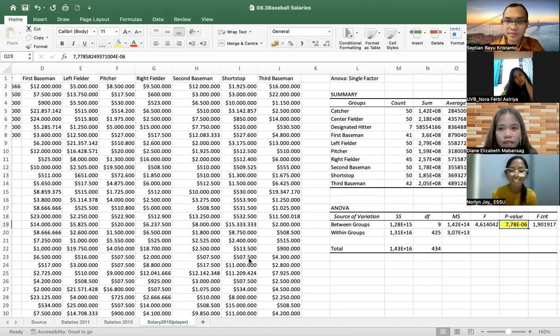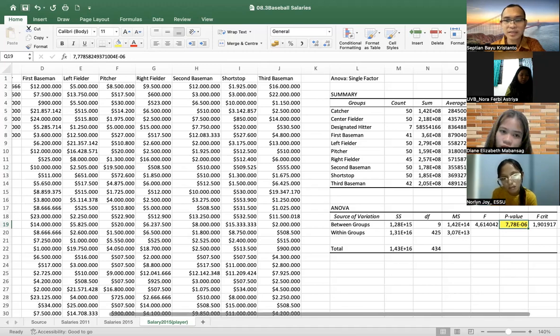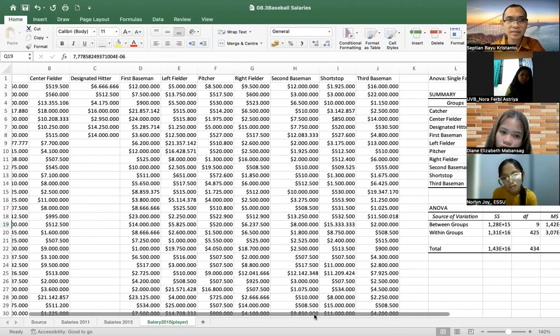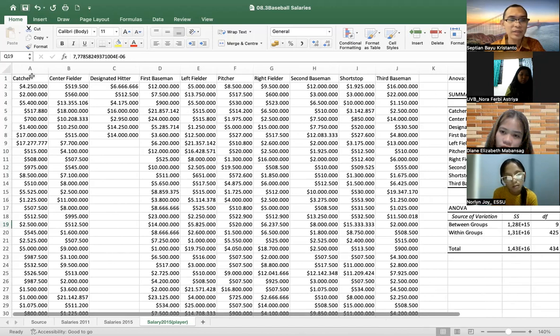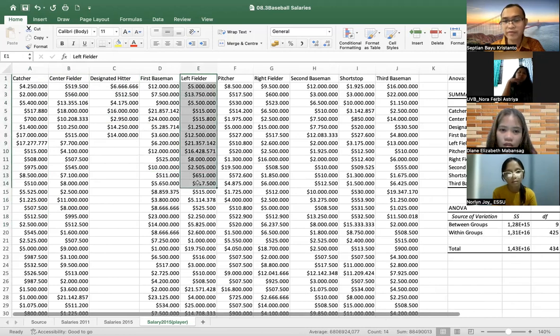Sir, wait. Yes. What is the difference between groups and within groups? Okay. The between groups is the comparison of data between group 1 in the catcher, center fielder, hitter, first baseman, and the left fielder.